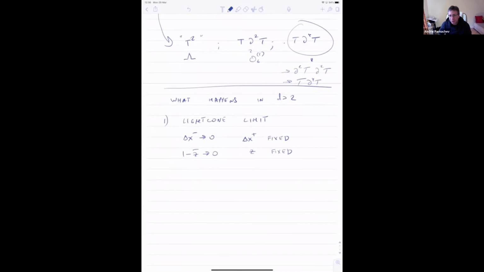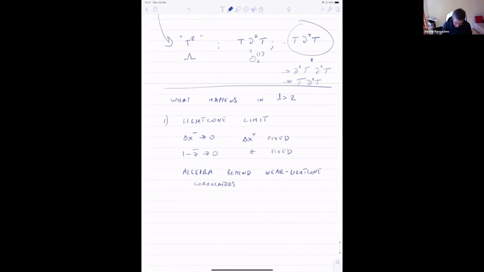There's some interesting structure which emerges in the high dimensional correlators. And there is a hope also that there might be an algebra which stands behind the structure. So the kind of question that we want to ask is, is there some kind of algebra behind the correlators near the light cone?